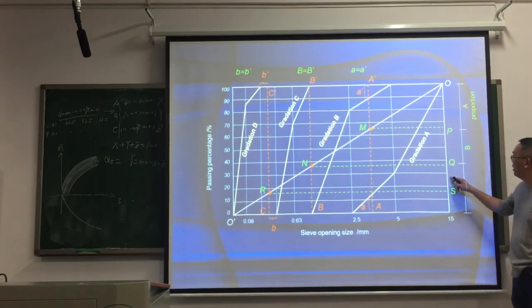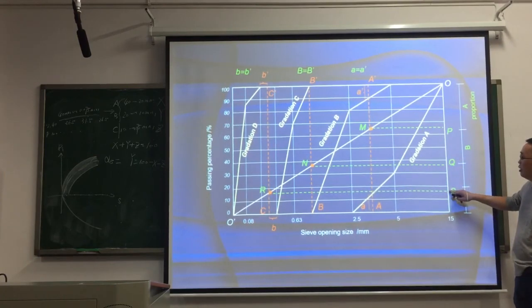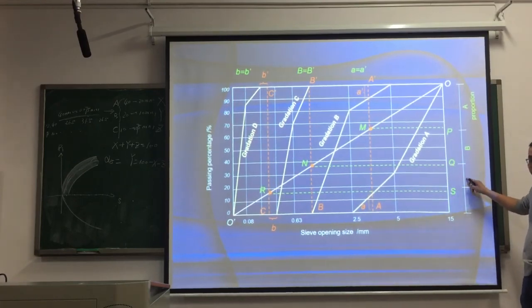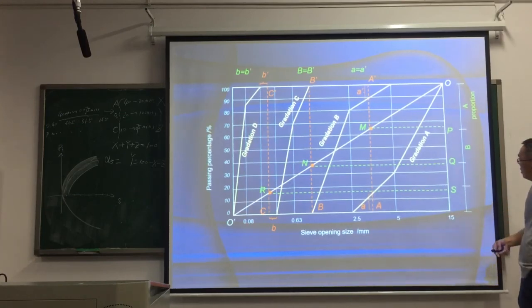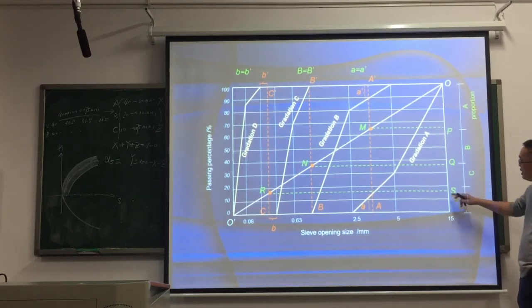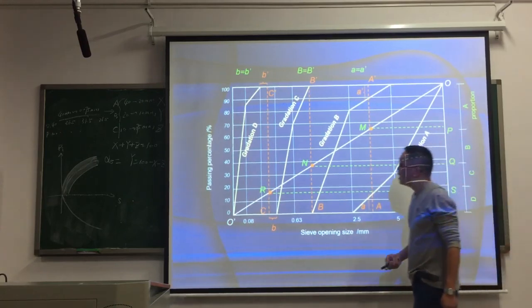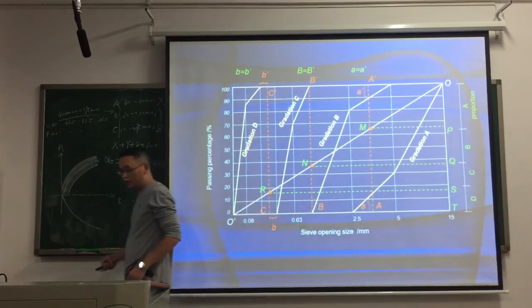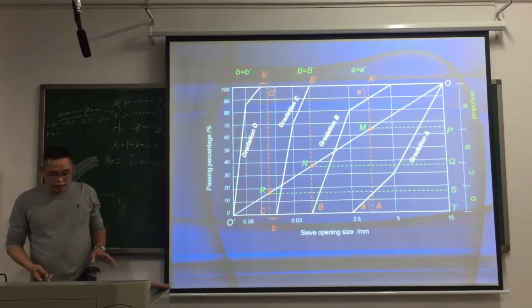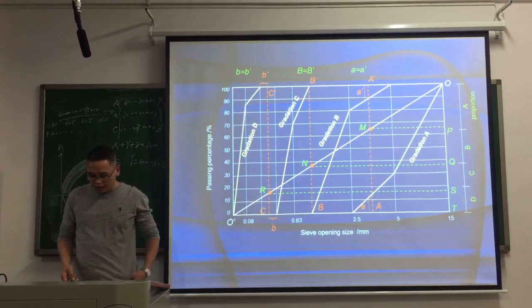This is about maybe 36. So the proportion of C is about 20%. And then the remaining 60 is for aggregate D. Okay, this method is somewhat complicated.